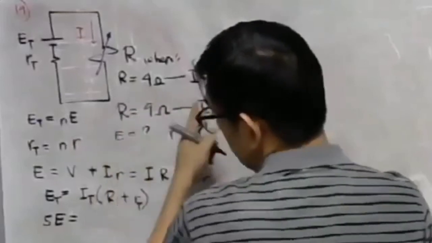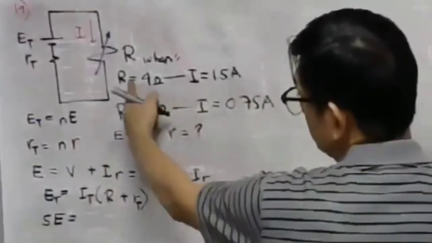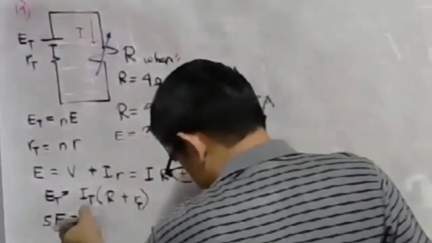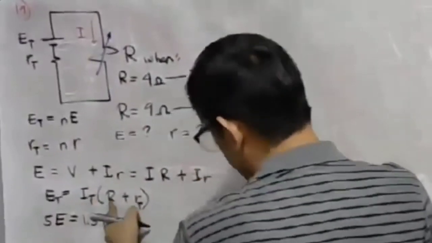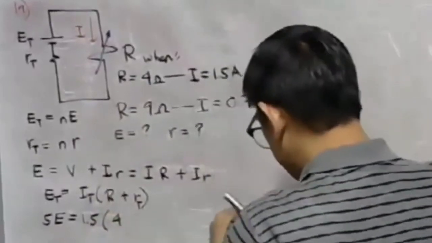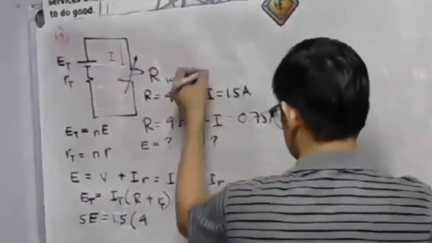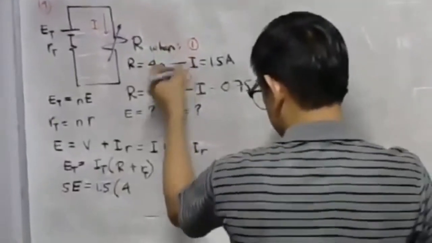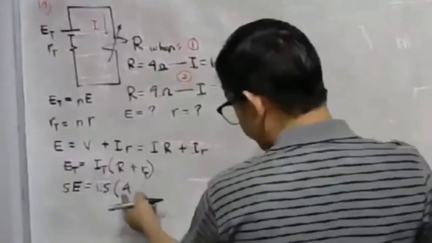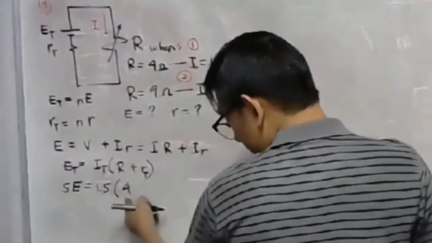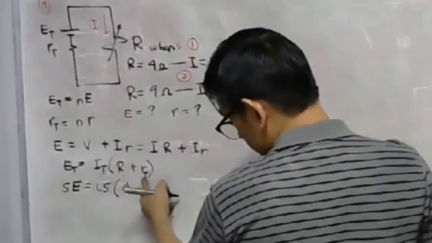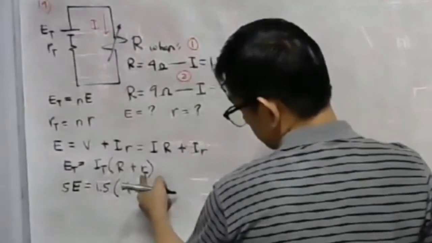That is equal to I total. What is our I total for the first case? This is our first condition. 1.5 ampere. Okay, or simply what? Multiplied by load R, which is 4. Okay, so this is the first condition, and this is the second condition. So we have 4 when the current is 1.5 ampere, and then plus, what is our RT?